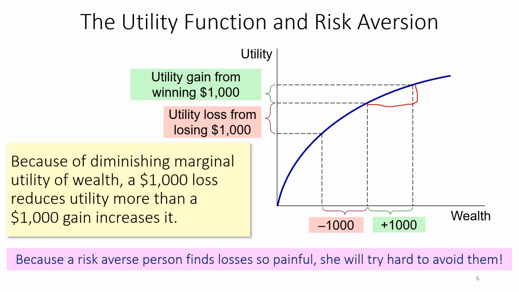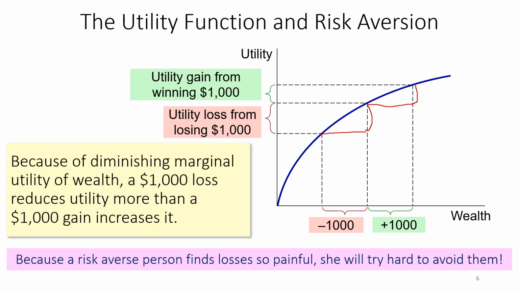Let's, instead of giving her $1,000, take $1,000 away. So now we're not at 101, we're not even at 100, we're at 99. We are here. So we're going from our reference, our $100,000, down to 99,000. So her utility goes down, and it goes down by a lot. So whereas here the change in utility from more wealth is this amount, here the change in utility, or disutility, the subtraction from wealth, is this amount, a lot more.